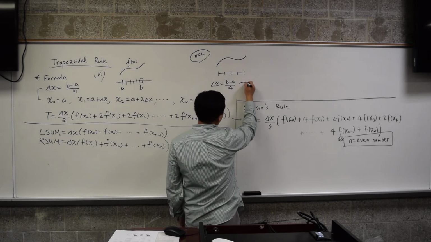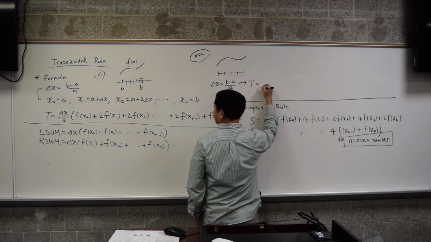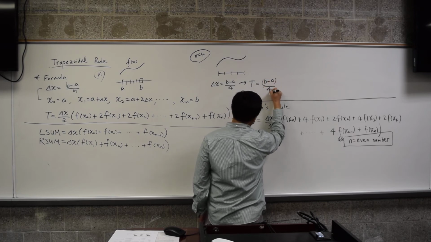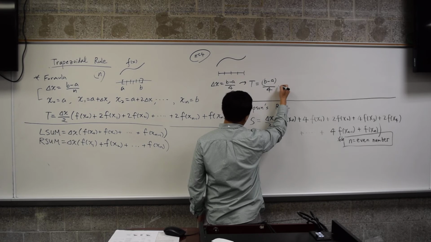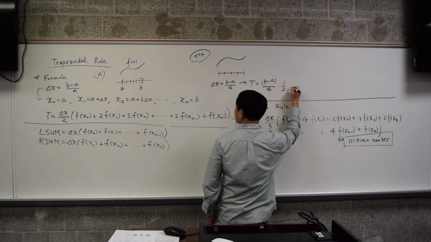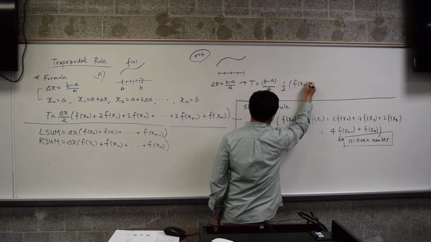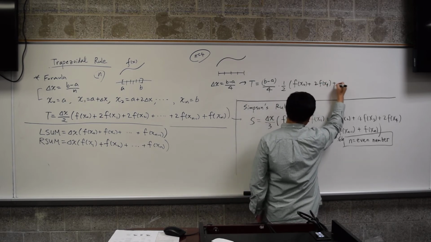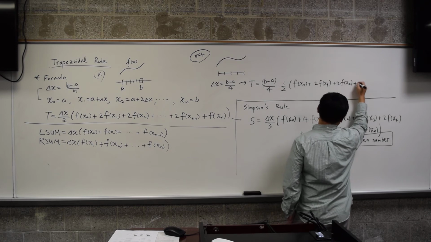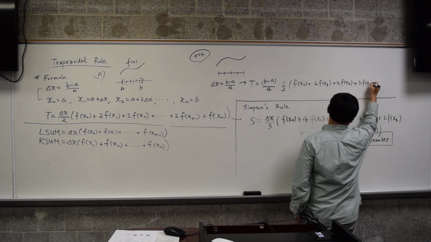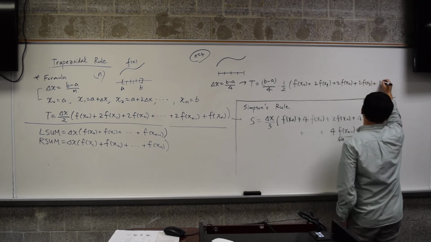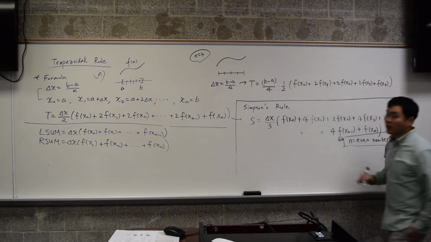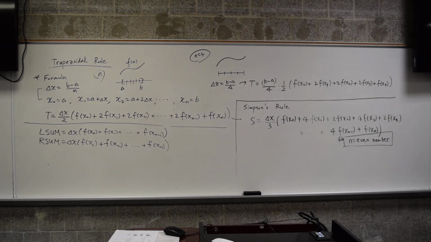So that would be b minus a times 4 over 4 divided by 2, f of x0 plus 2f of x1, 2f of x2 plus 2f of x3 plus f of x4. N is 4, that's where it's going to end, right?